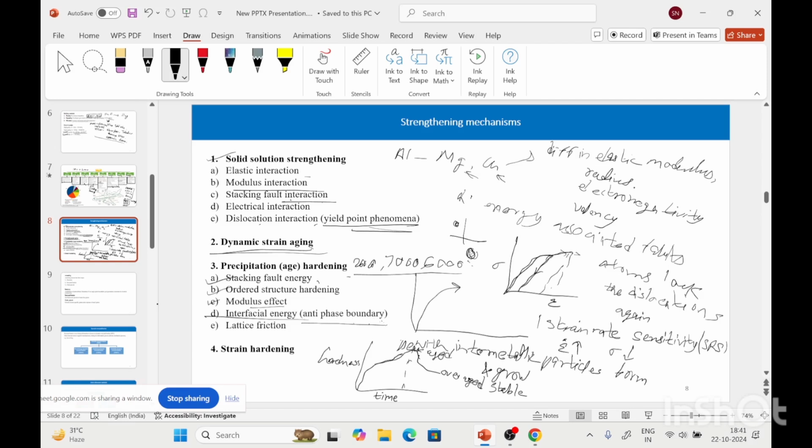Next is the lattice friction, means how much lattice friction the particle is experiencing during the deformation process.